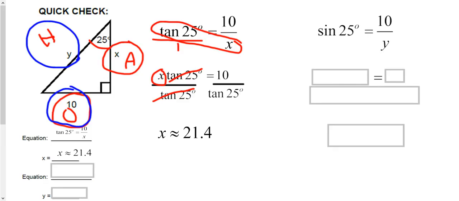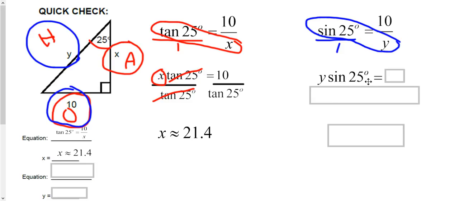So again, we got the variable on the bottom. We got to do a little extra work here, but let's put it over 1. So y is going to be multiplied times the sine of 25, not times the 1. So we put that y first, sine of 25 equals the other cross product, which is 10. 1 times 10 is 10. To undo this multiplication, we get rid of that sine of 25.